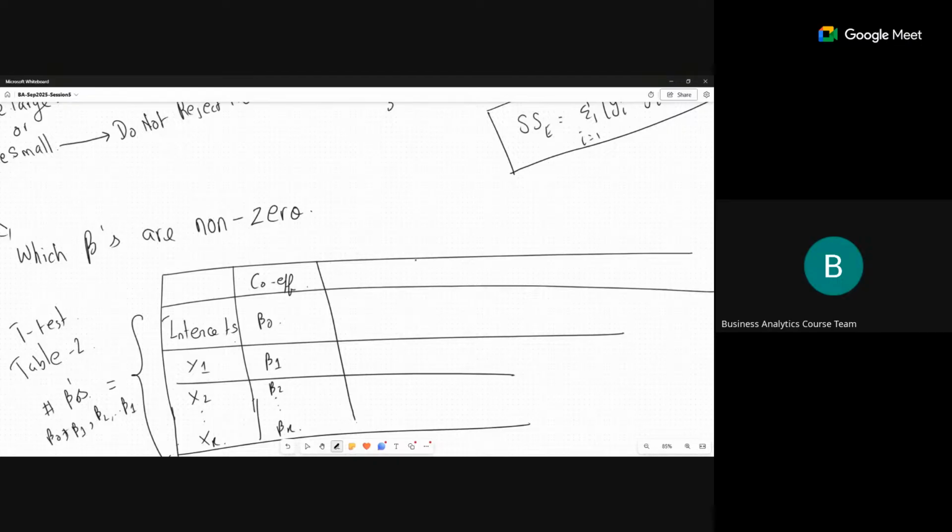What will be the next column? Standard error. Wonderful. What does the standard error signify? Basically, the beta's exact value is given by this coefficient.